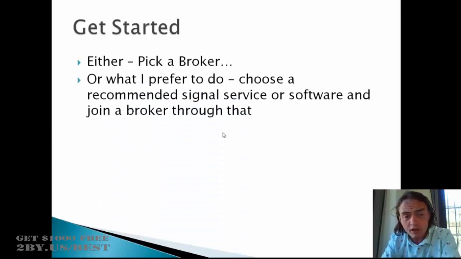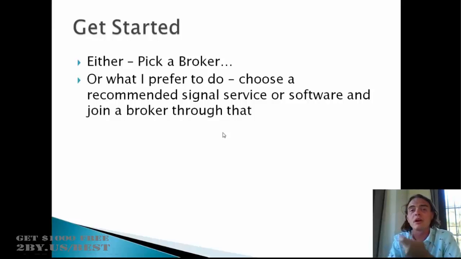Another option, which I tend to recommend to people who are starting out, is to join up to a trusted signal service or a trusted software that requires you to join a broker to pay for that service, because the software provider or the signal service provider gets a commission by you joining up to that binary options broker.